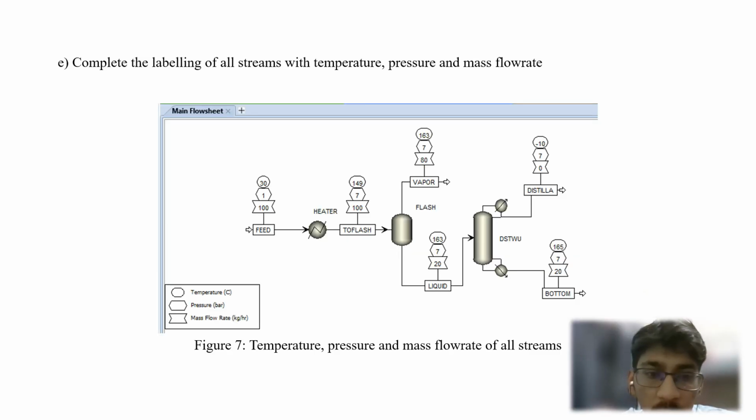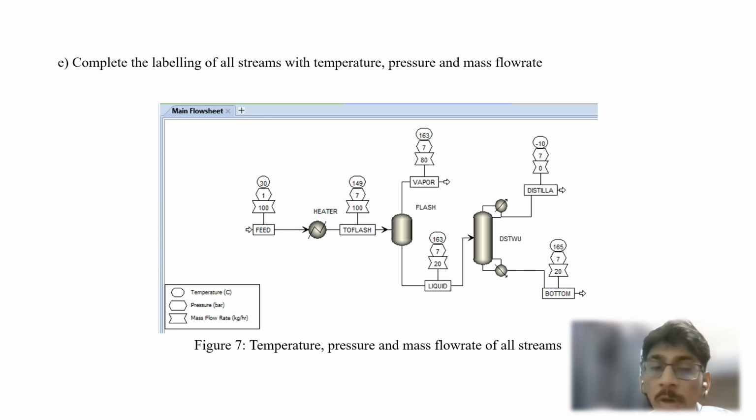For the last part, which is completing the labeling of all the streams with the temperature, pressure, and mass flow rate, the labeling of all the streams in the process flow diagram includes their respective temperature, pressure, and mass flow rates. Each stream has been identified based on its role in the system, such as the feed, vapor, liquid, distillate, and bottoms.